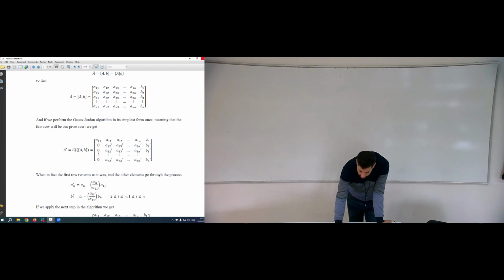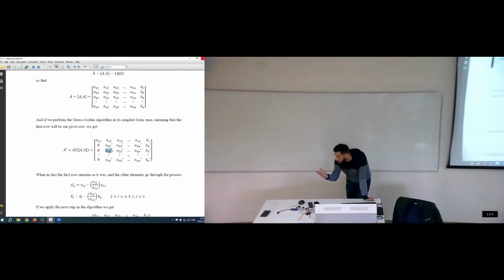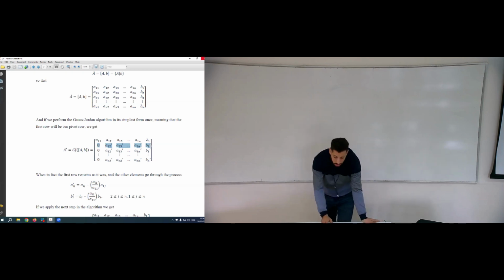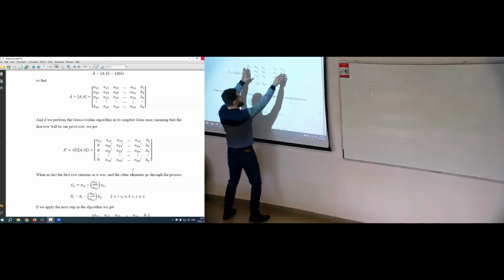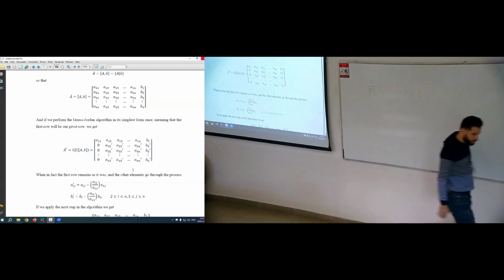So how do we do that? For all these rows, we take each row and replace it by itself minus its first term, which is the term in the second column, divided by A22 prime multiplied by the second row. It's like I look at this smaller matrix and do the same thing for it.